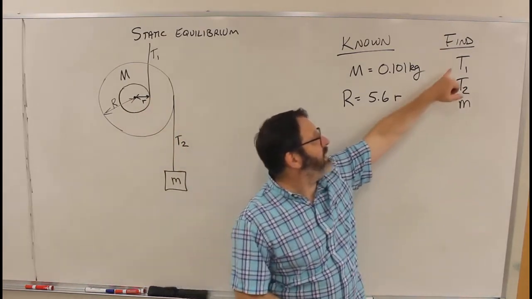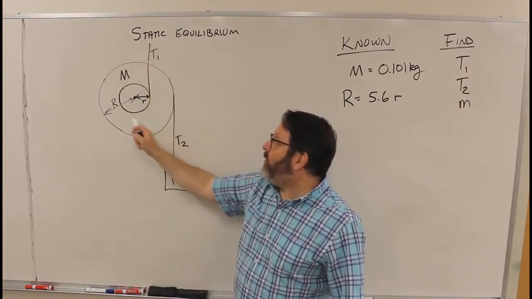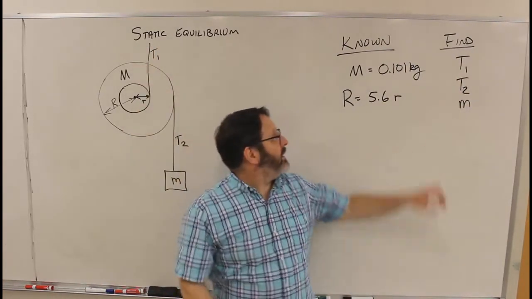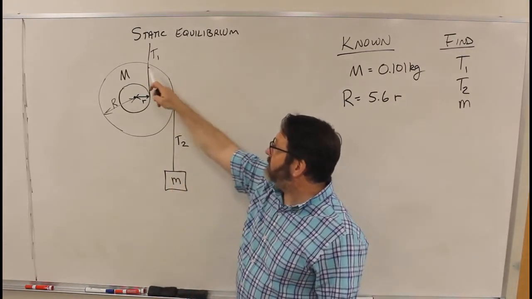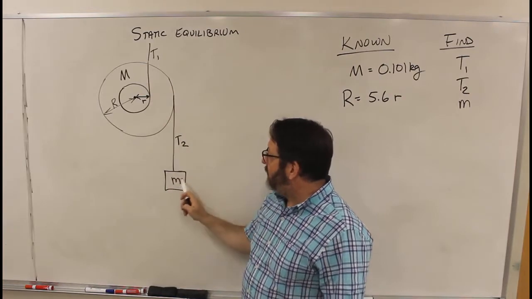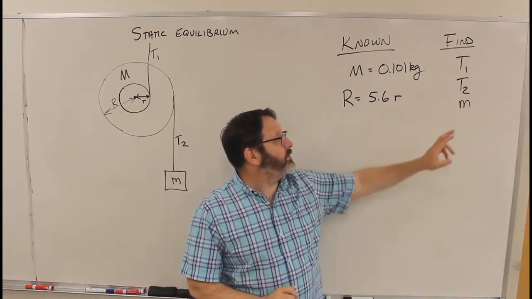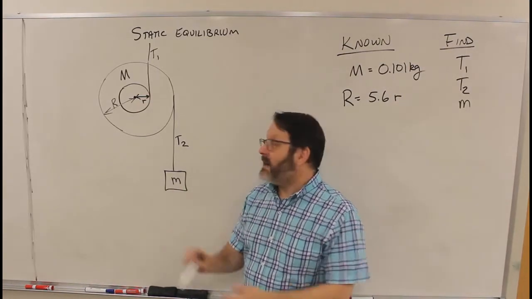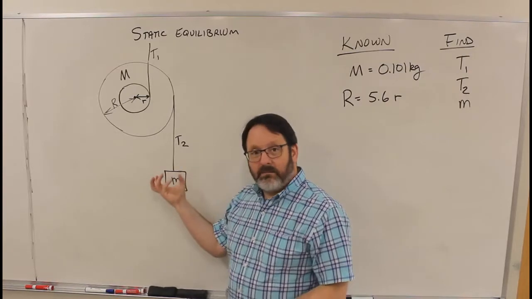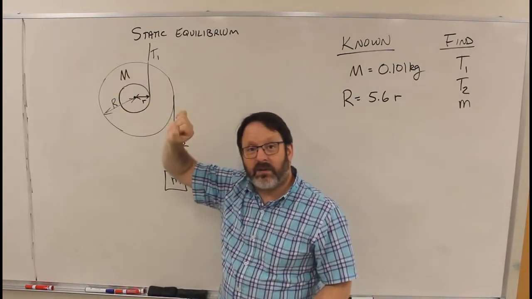And we're supposed to find tension 1, the string holding the yo-yo from the top, and tension 2, which is in the string on the outer part of the yo-yo holding a small mass. We're also supposed to find how large this mass is. It has to be a mass that's just big enough to keep this yo-yo in static equilibrium.